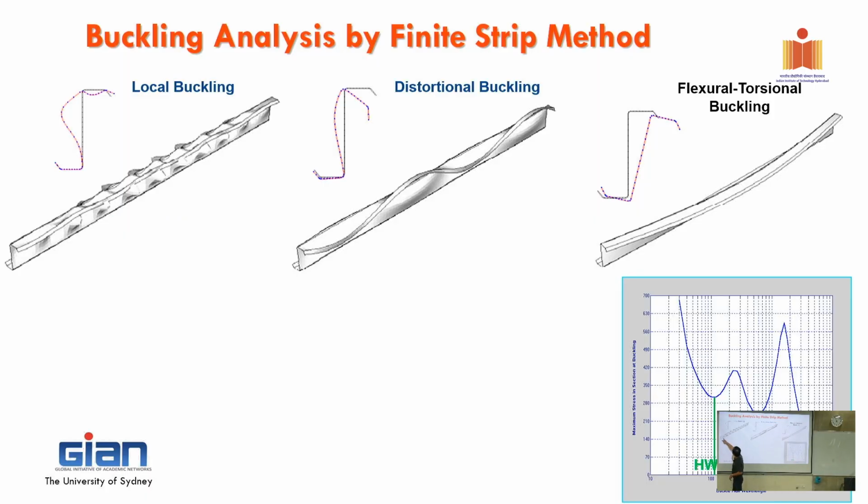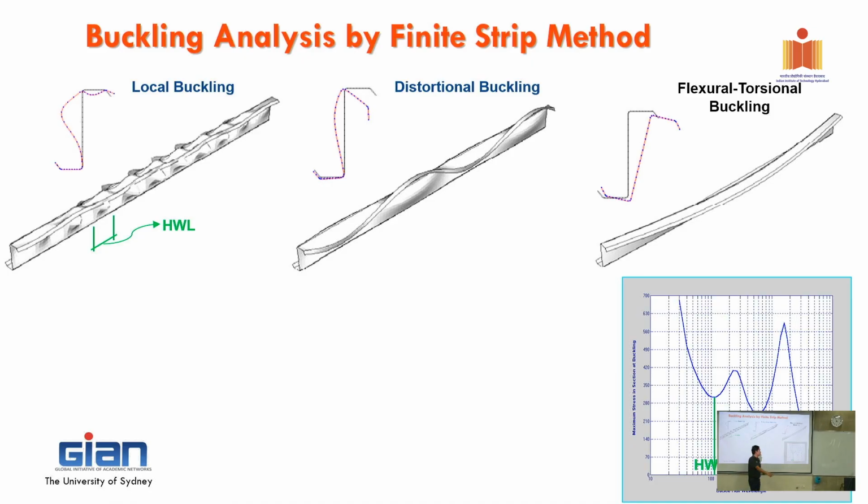So in the web, you can see here, in, out. And the top, in, out, up, down, right? But the junction line here is straight. So this is local buckling. Now, when you run this one, you can see that is the halfway length. Each of them has a halfway length.